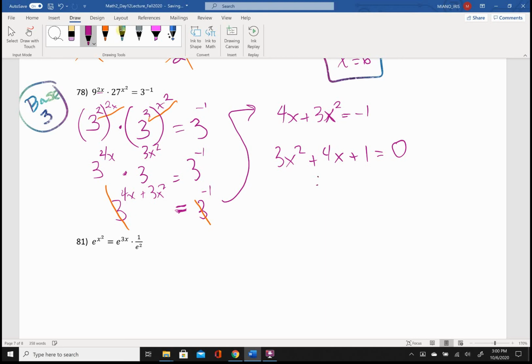So in the interest of time, I'm just going to go dot, dot, dot. It can be factored into 3x plus 1 times x plus 1 equals 0, which means that x either equals negative 1/3 or negative 1. So there's the solution that we're looking for there.